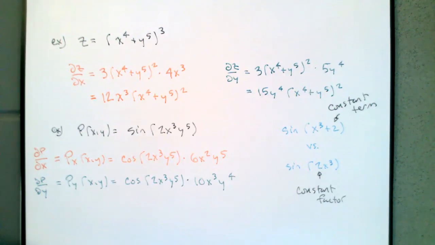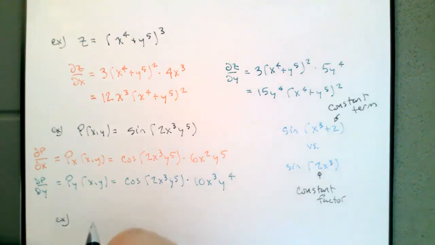Other than this, it really just comes down to reading our function and remembering our derivative rules. So we want to read a function and remember derivative rules. Let's come up with another example.